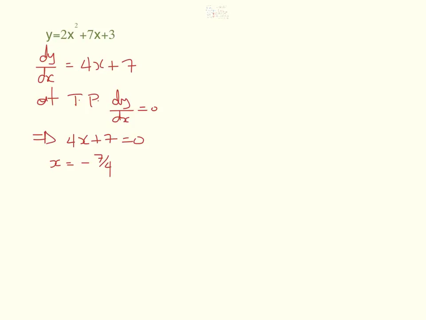Now the nice thing about this one, I don't really need to go and find the second derivative. The reason why I don't is because the coefficient of x squared is positive, so that already tells me that the curve will look something like that. It will have a minimum value so long as the coefficient of x squared is positive. But if you want to find the second derivative, by all means, because obviously you might be doing some harder questions.